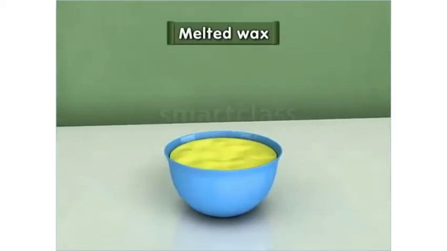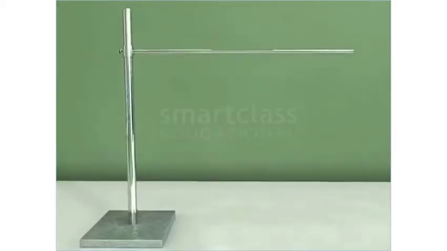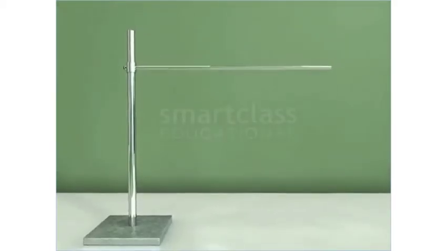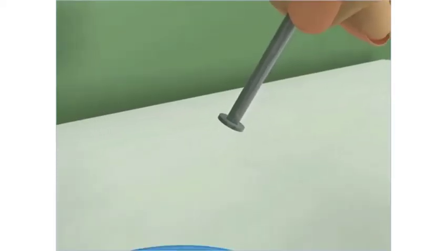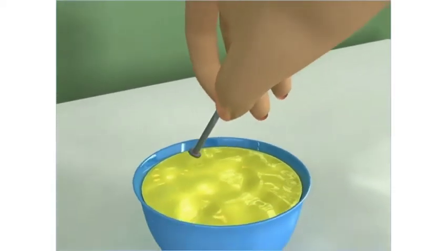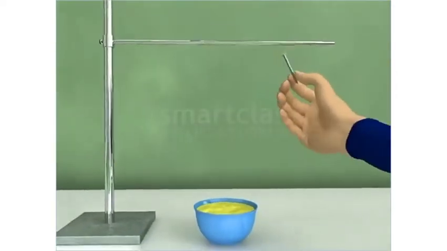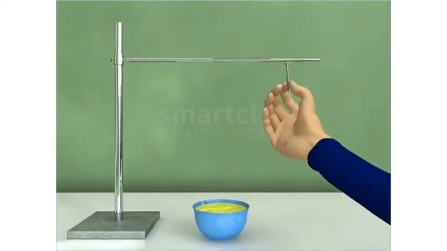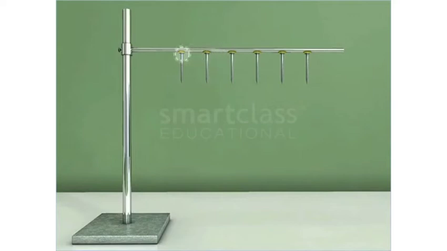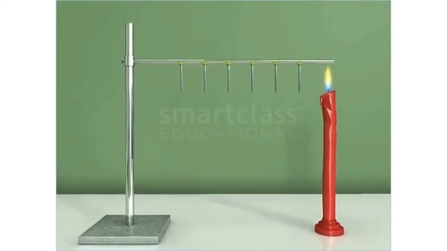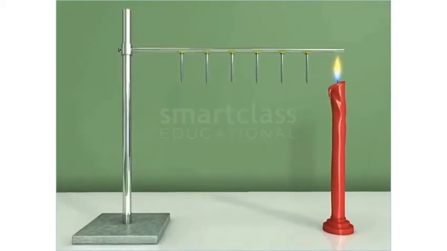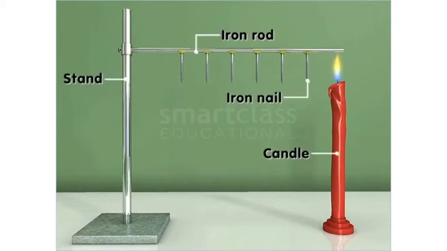Take some melted wax in a bowl and fix the iron rod in the stand as shown in this figure. Take a nail, dip the head of the nail in the wax and paste it on the iron rod. Place the nails at the same distance. Now burn the candle and place it at one end of the iron rod.